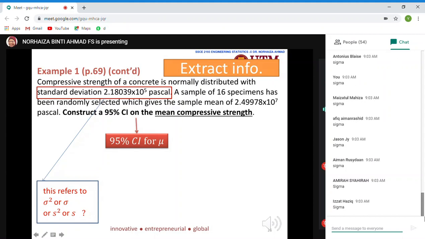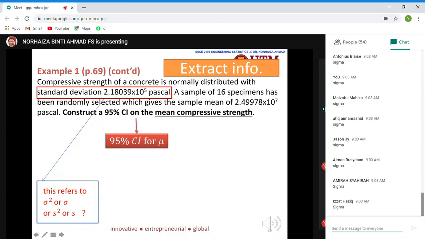Why is it not s? Because from the sentence, it doesn't say that it's taken from the sample. It's just saying that a compressive strength is normal with standard deviation. But if you read the second statement, it says a sample of 16 specimens has been randomly selected, which gives the sample mean of 2.49.